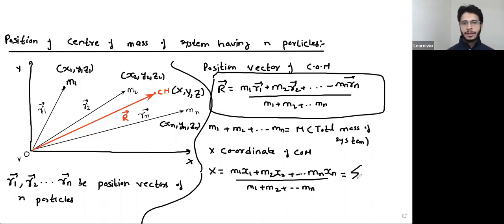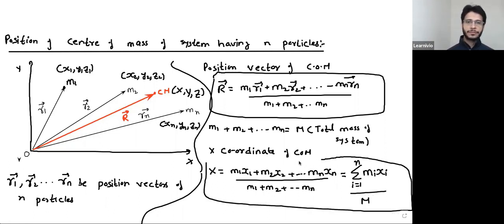Or you can write this as summation of mi xi, i equal to 1 to n, divided by the total mass of the system. This is the x coordinate. Now, the same way, just like the x coordinate, you can calculate the y coordinate of center of mass. I'm writing it here.